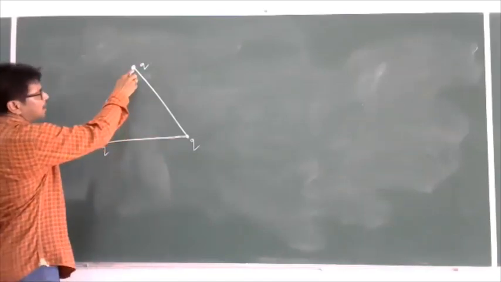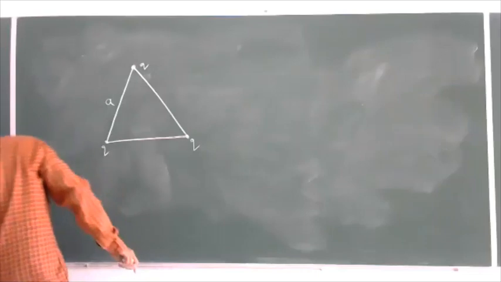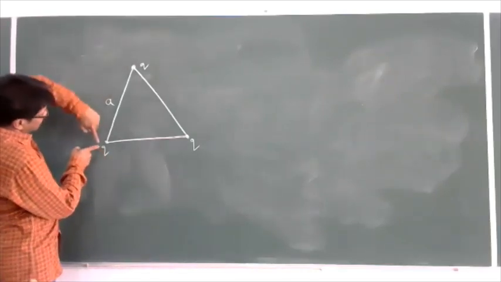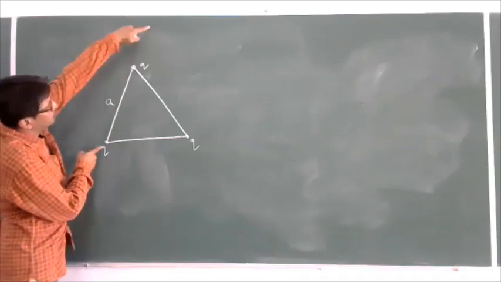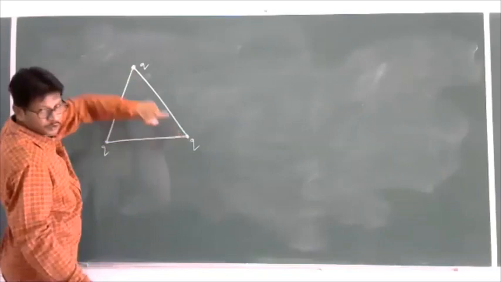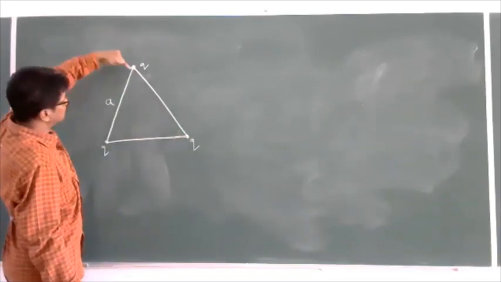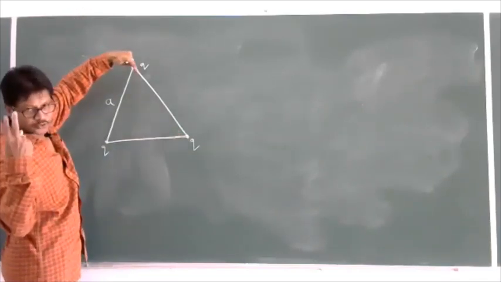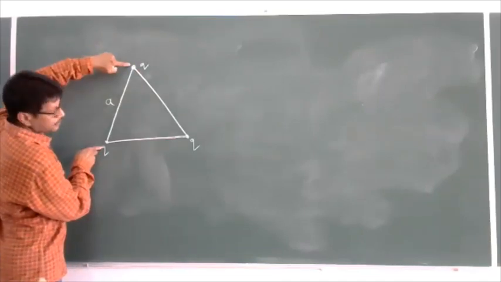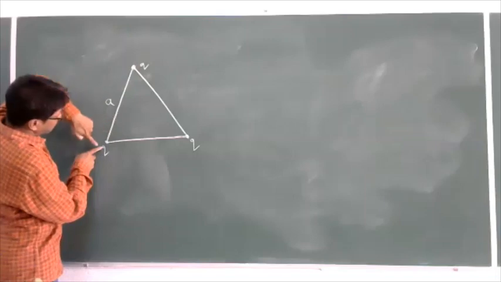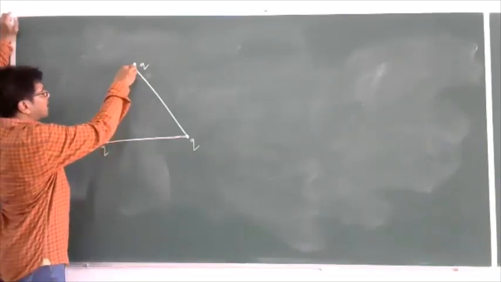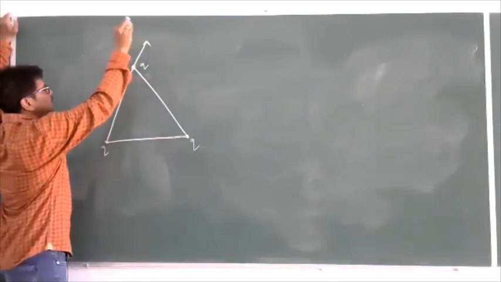At this corner, how many forces will act? Between these two, one force will act, and between these two, one more force will act. So at this corner, two forces will act. One is between these two. This is positive and this is positive, so definitely there will be a repulsive force.